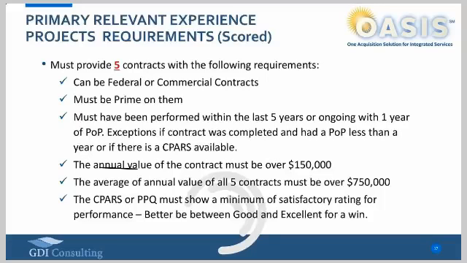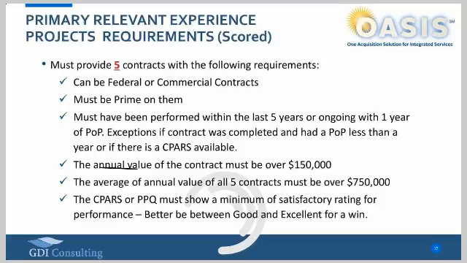But the other way also works. Say you had a project for $300,000, but it took 3 years. When you want to calculate the annual value for that, that's 100,000. So you can't use that project. So the important word is this annual value, that it has to be over 150,000. But there's also another requirement with regards to the annual value. The average annual value of the 5 contracts must be over $750,000.